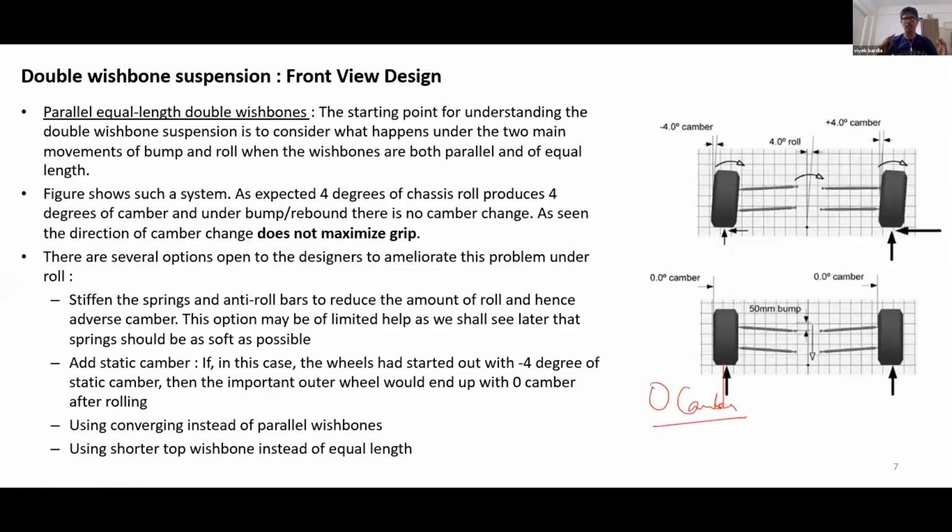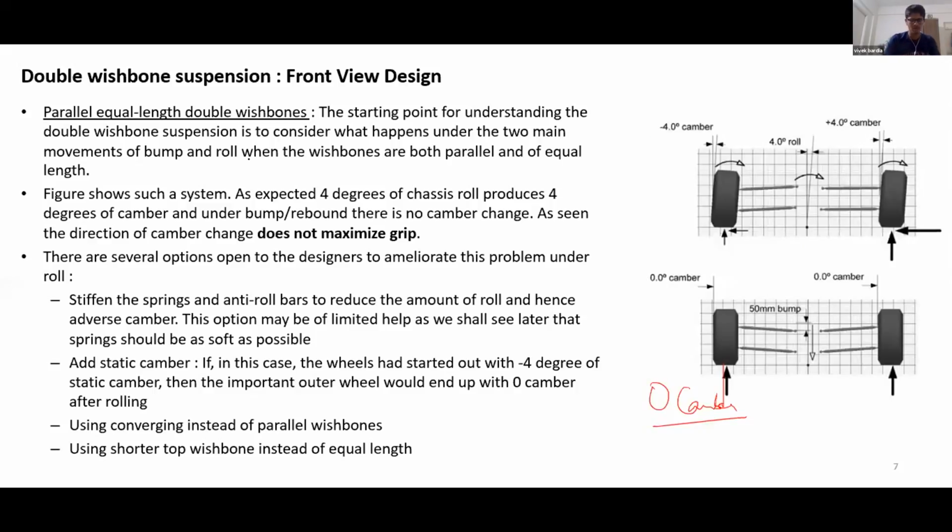So a parallel link suspension is very good for acceleration and braking, but it decreases your cornering performance significantly, because instead of having camber thrust benefit you or produce more forces, you're actually having camber thrust which is reducing the amount of lateral force that you can produce, right?